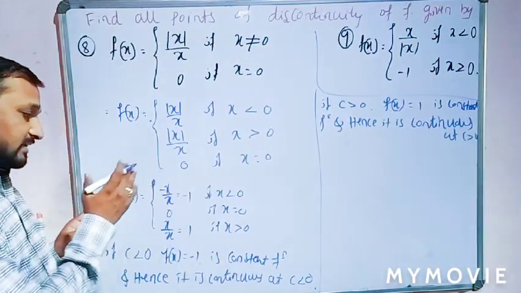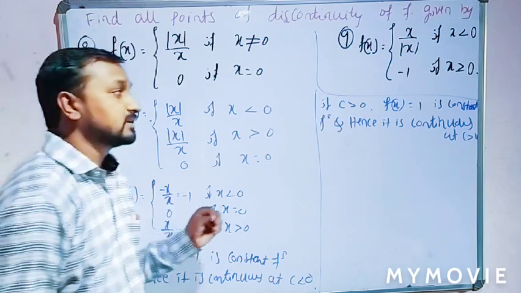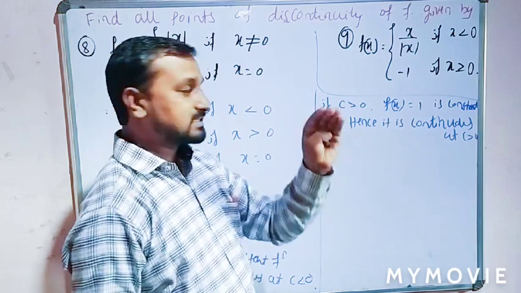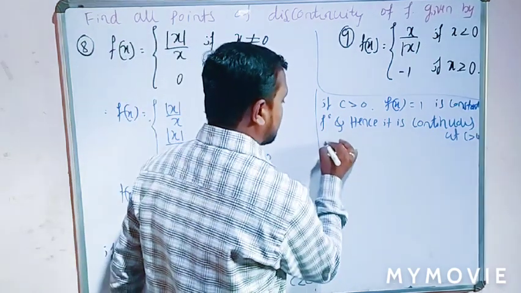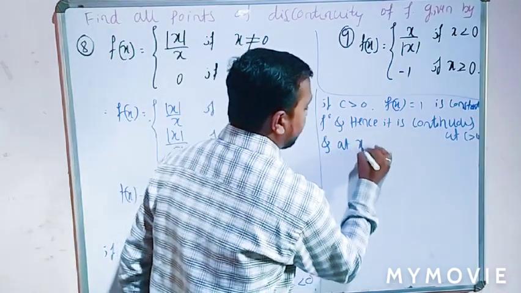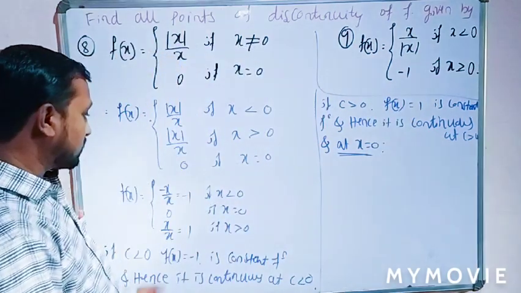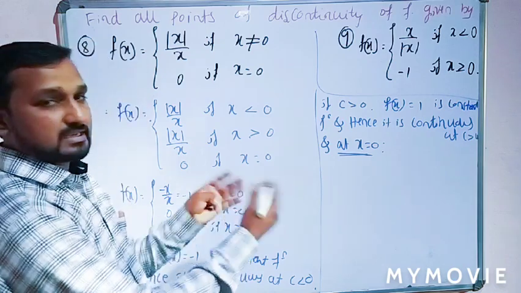So at every real number less than 0 the function is continuous, and at every real number greater than 0 the function is continuous. Then we check at exactly x equal to 0, and at x equal to 0 we can check the LHL and RHL.